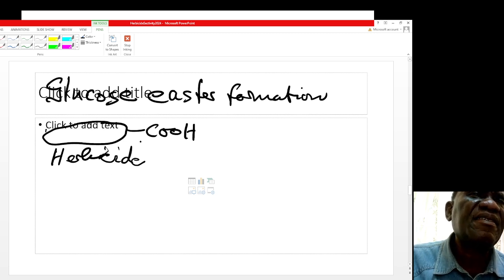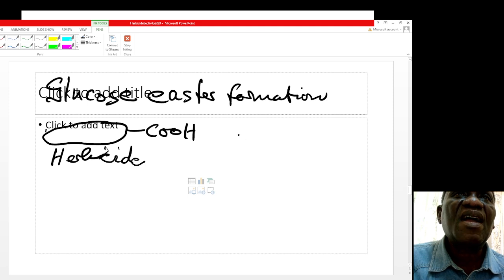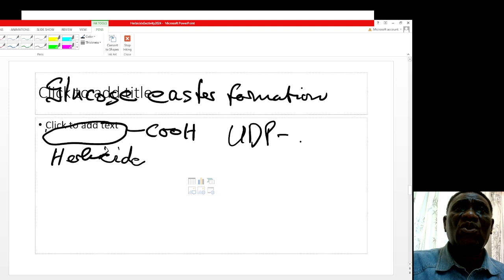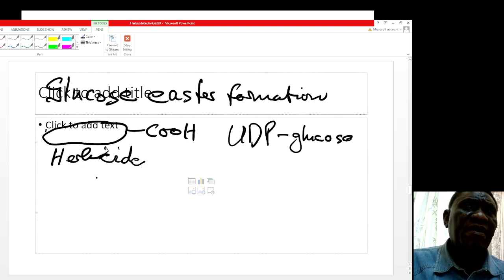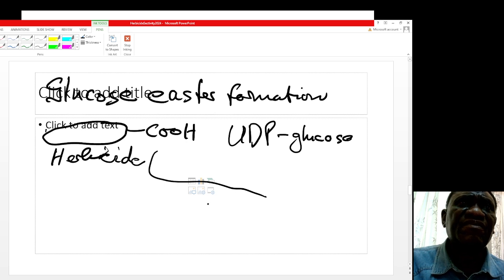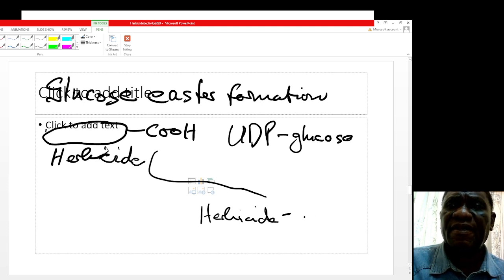Again, we still have our UDP glucose. This will produce herbicide, C with a double bond to oxygen, then glucose here.